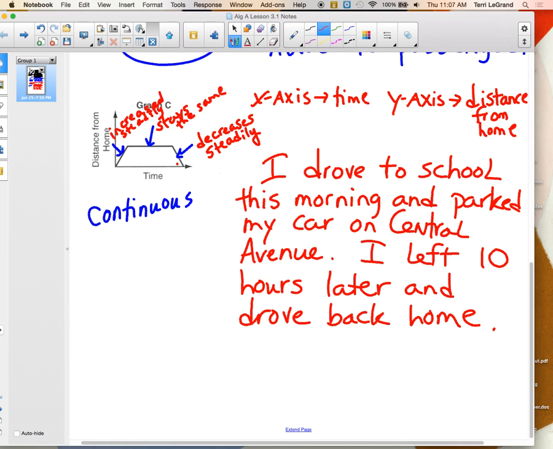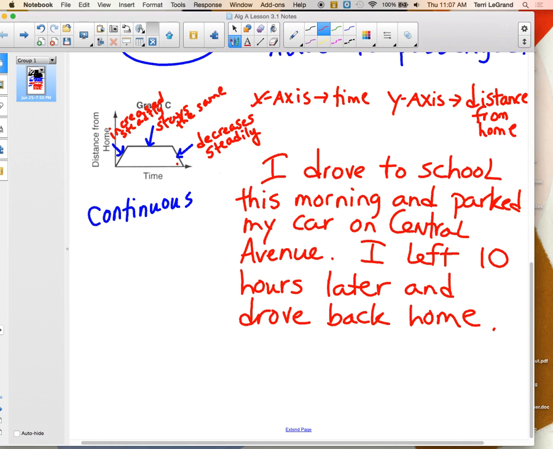Then I stayed there for 10 hours, and I drove back home at a more tired pace, teaching all day. So there's really no speed involved in here. The lines are not showing speed unless you're talking only about how fast they're increasing or decreasing. So your story does need to be changed there, Noah. If you want to steal mine, you can, or somebody else.